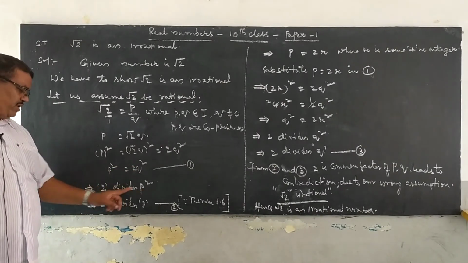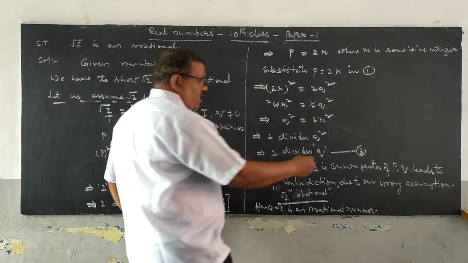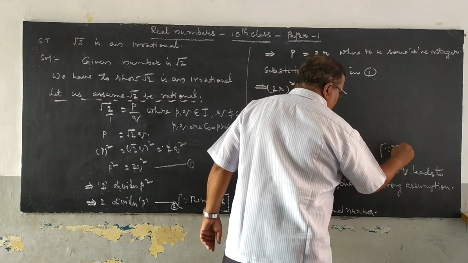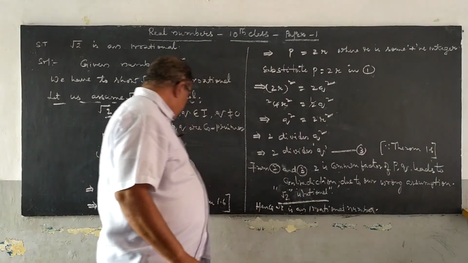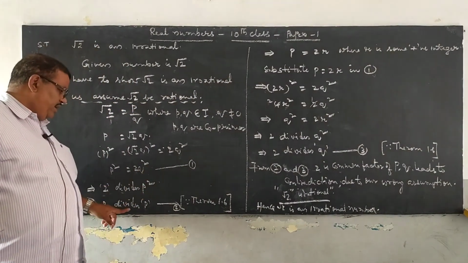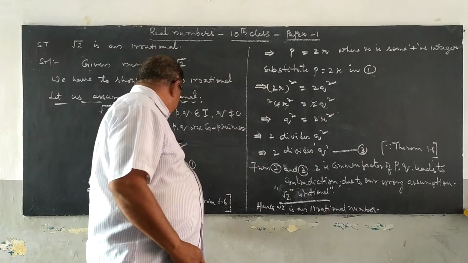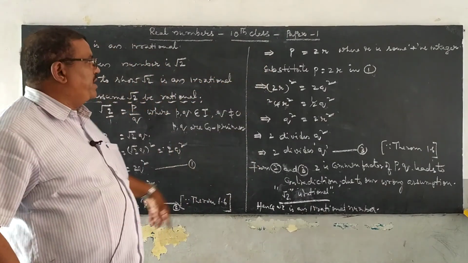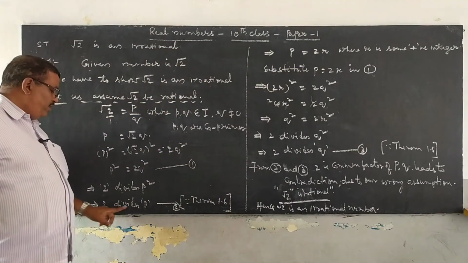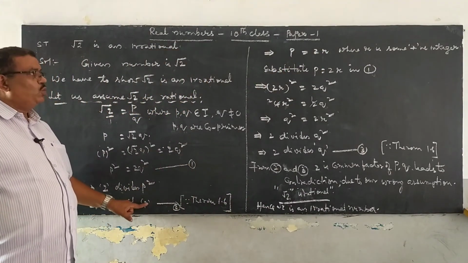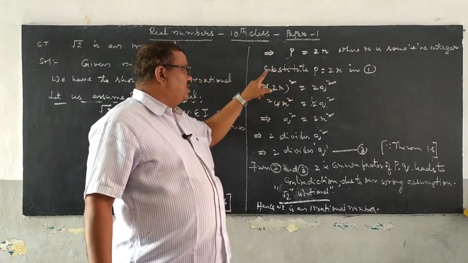So 2 divides P square, hence 2 divides P, from theorem 1.6. This is equality 1, equality 2. Now when 2 divides P, P is a multiple of 2, so P can be taken as 2R, where R is some positive integer.